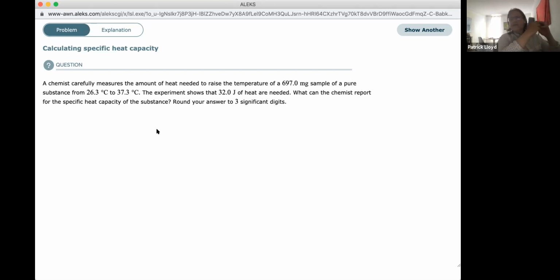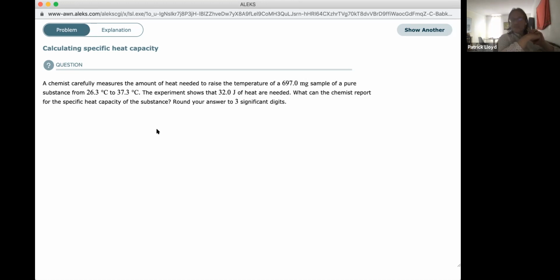Water has a value, alcohols have values, wood has a value, metal, each metal has a value. And if you mix materials, then you get a mixture, and there's no easy way to figure out what the actual value is without actually measuring it itself. So each material has its own specific heat capacity. So they tell you it's a pure substance.